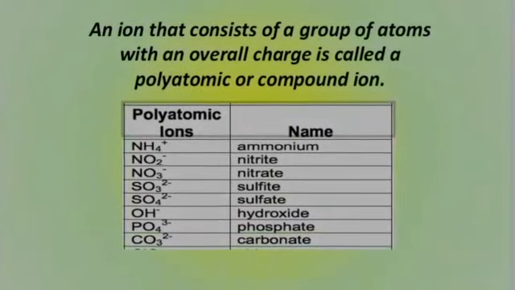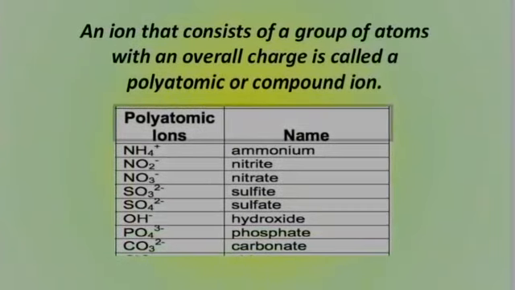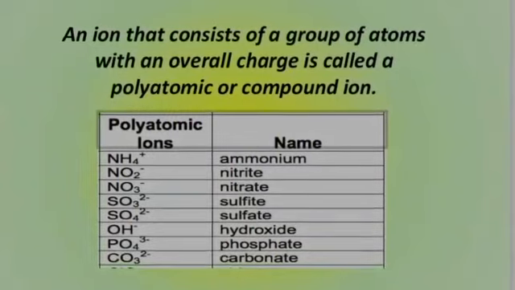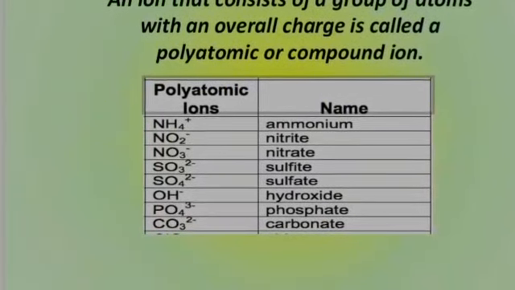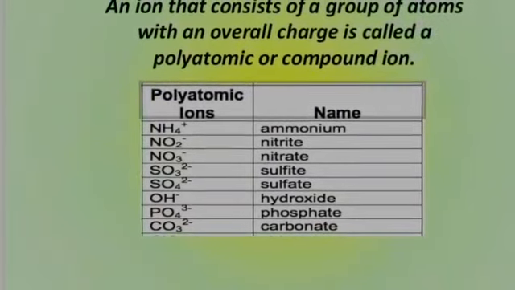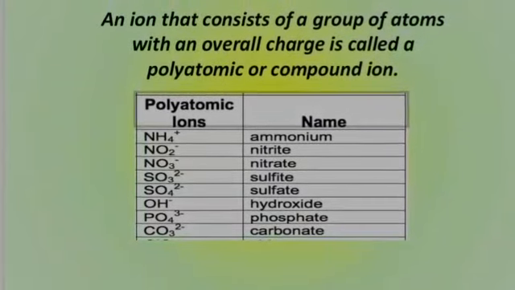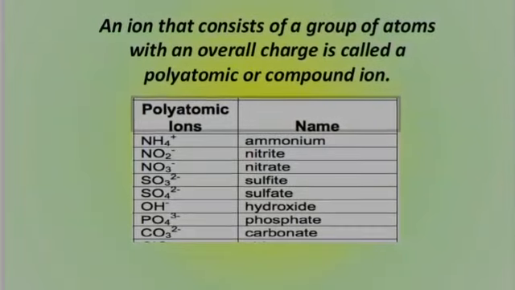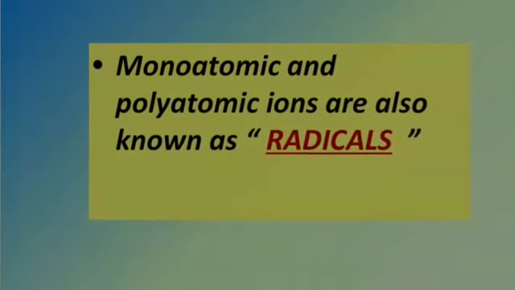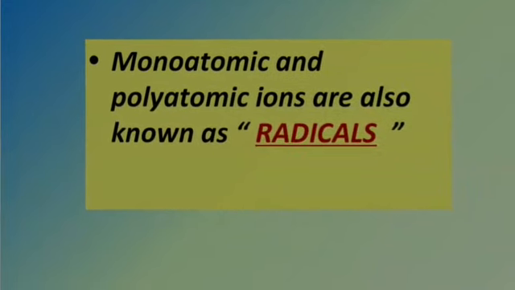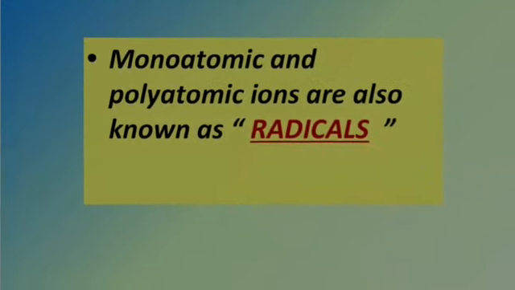Likewise, you have nitrite ion, nitrate ion, hydroxide ion, carbonate ion. Note here that all compound ions have negative charges except for ammonium ion, which is positively charged. Monoatomic and polyatomic ions are also known as radicals.